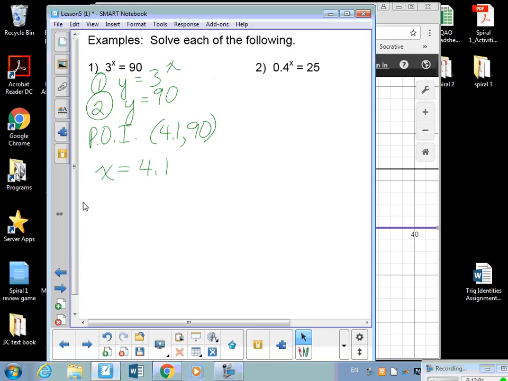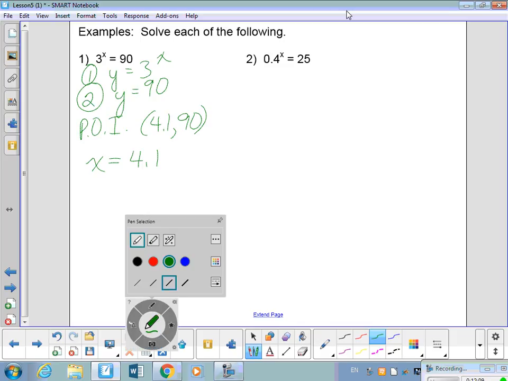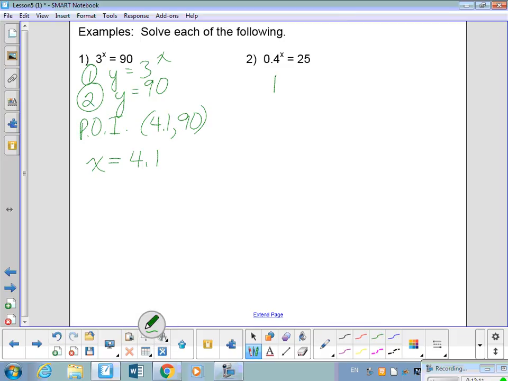Here we go. So what we end up having is the point of intersection was negative 3.5 and 25. So therefore we know our x value is negative 3.5.